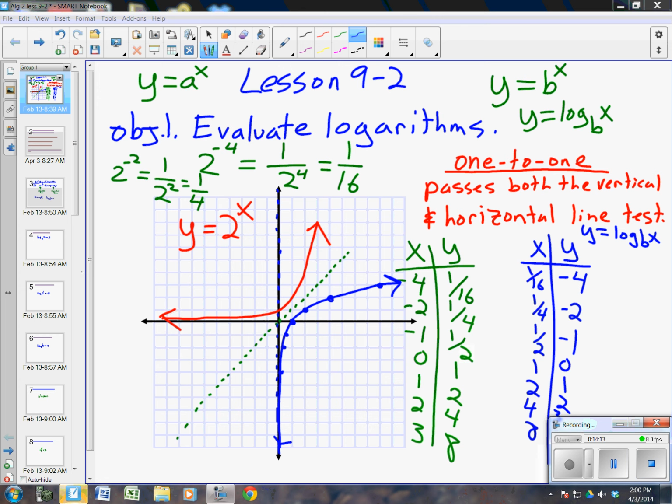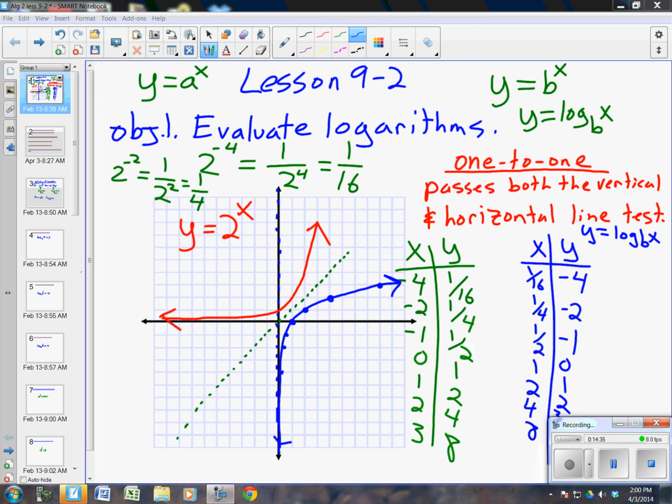Do you guys remember in the exponential function that the range was greater than 0? All numbers where y is greater than 0, because there's an asymptote along the x-axis. Well, when we switched everything, the domain became the range, and so now the asymptote is right there.